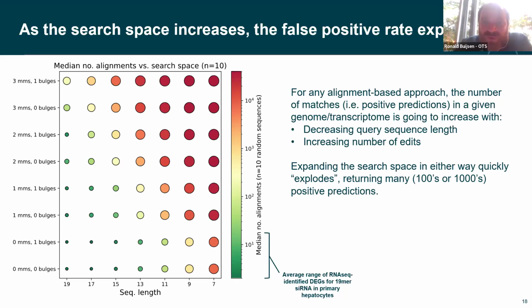So if you compare your machine learning approach versus the alignment-based approach, how do they compare in terms of performance? Well, I think the alignment-based approach, again, if we really just consider a naive alignment-based approach where you don't try to refine your search space, people of course have looked into other features that could allow you to sort out some of these false positives and find the true positives.